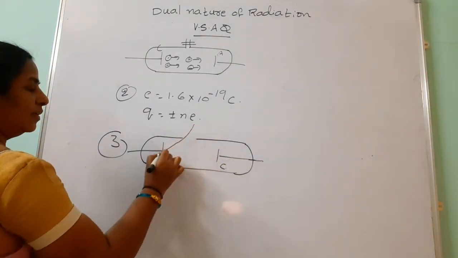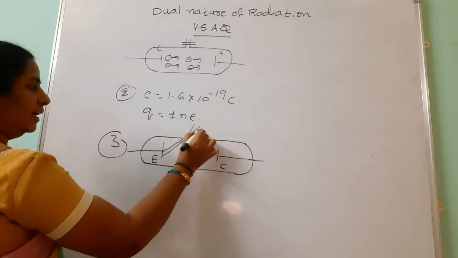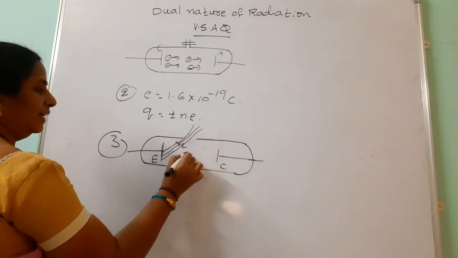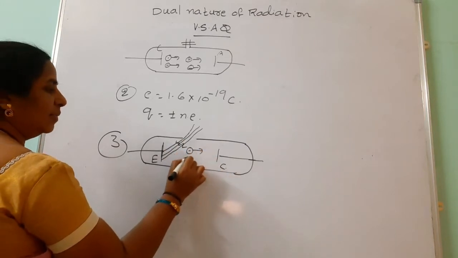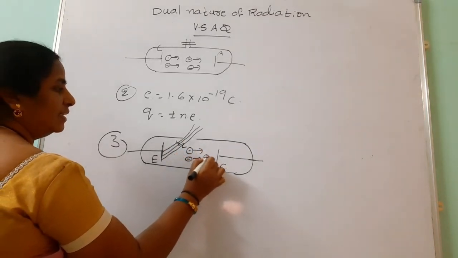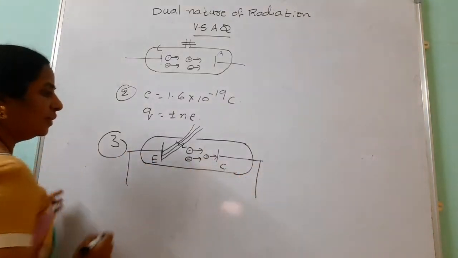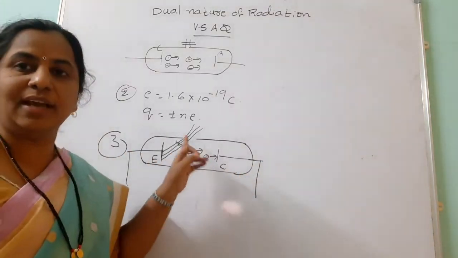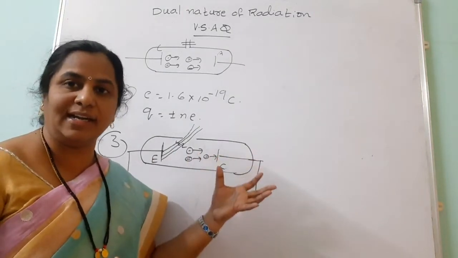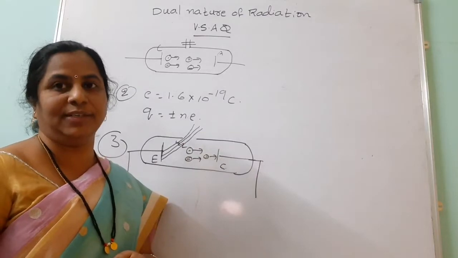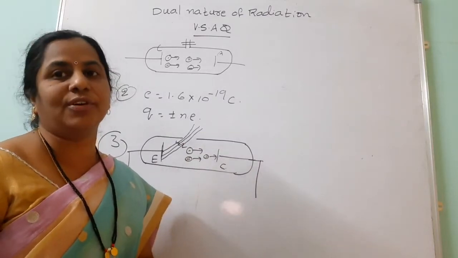When this plate is illuminated by electromagnetic radiation, electrons are liberated from it. This is called the photoelectric effect. When electromagnetic waves, nothing but light rays, fall on the surface, electrons are liberated from it. That is called the photoelectric effect.